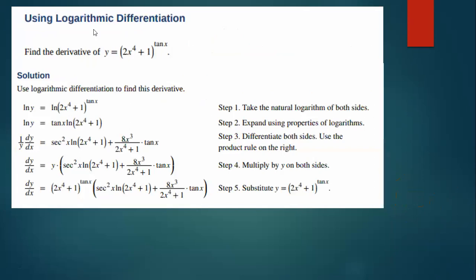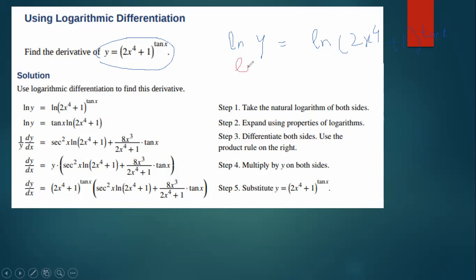Let's move towards a question. Let us say I have a function y equals this one. The first step is to take the log on both sides, so log y equals log of (2x^4 + 1)^tan x.